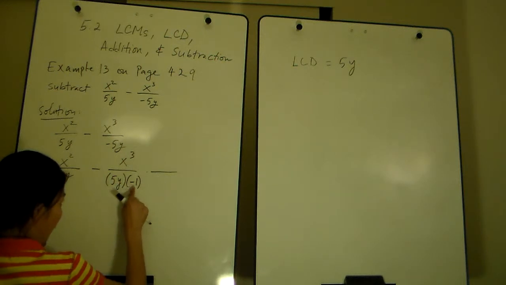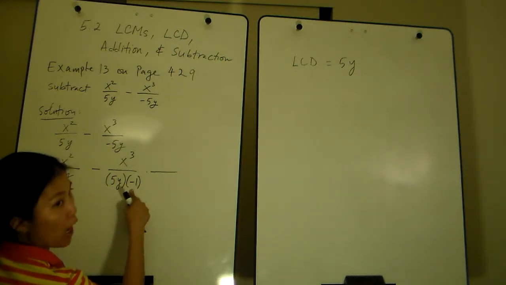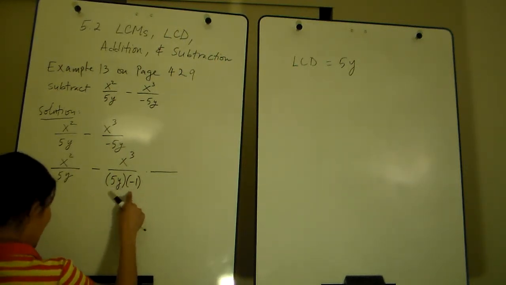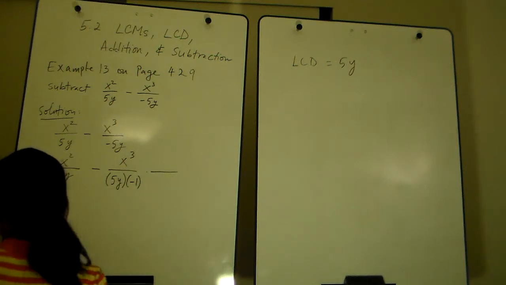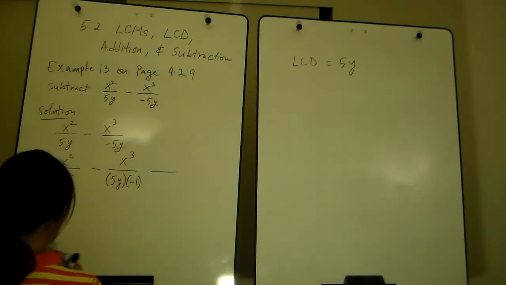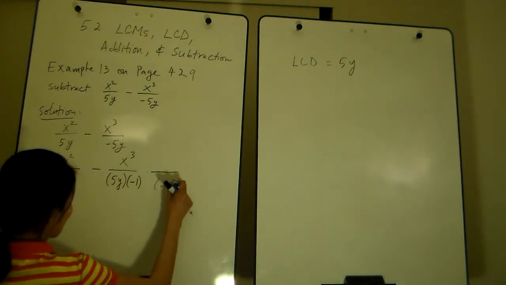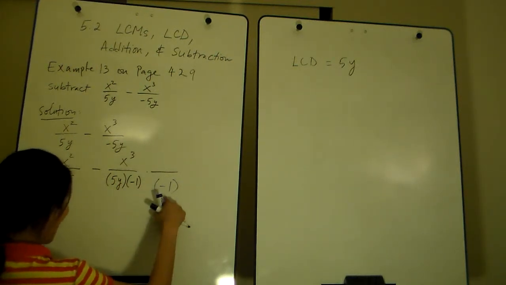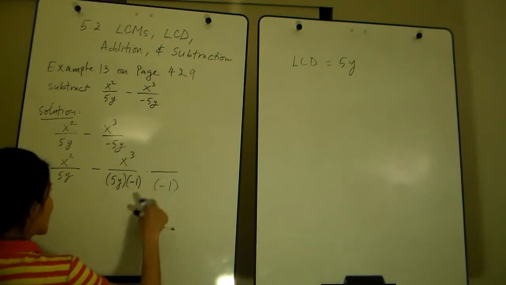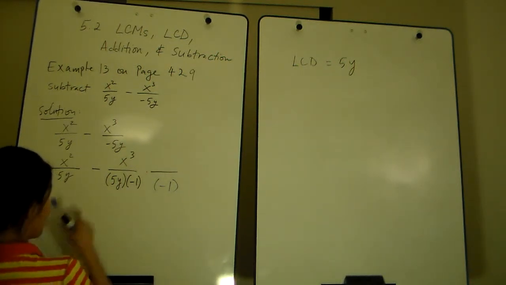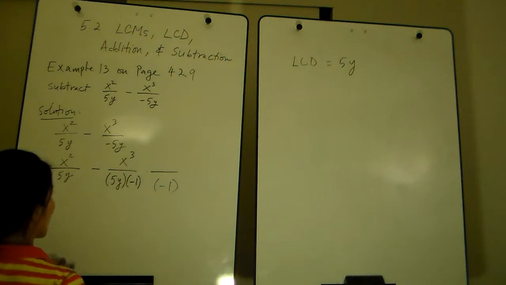So we need to make this negative 1 become positive 1. Because positive 1 times 5y is 5y, which is what we're looking for. We want to make this denominator become 5y. So I'm going to multiply by negative 1, because negative 1 times negative 1 is positive 1. Positive 1 times 5y is 5y, and 5y is the LCD.